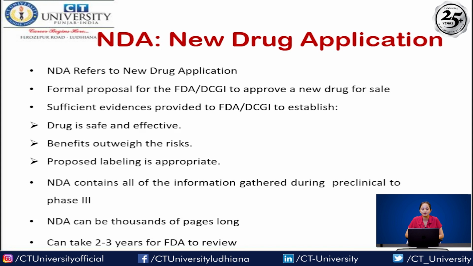It will provide sufficient evidence to the FDA and DCGI to establish that the drug is safe and effective, that benefits outweigh the risks, and that the proposed labeling is appropriate.